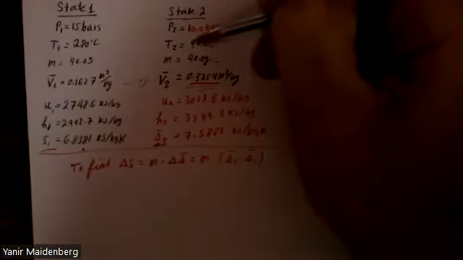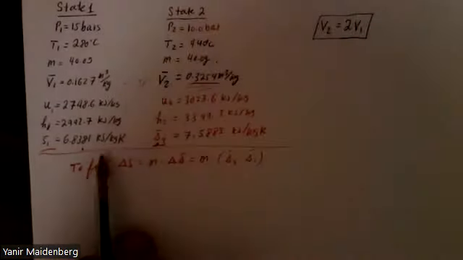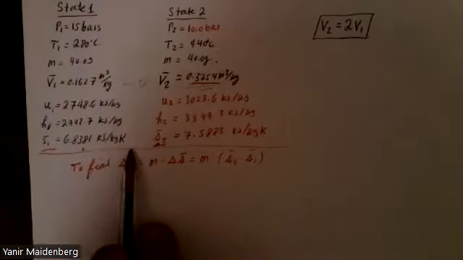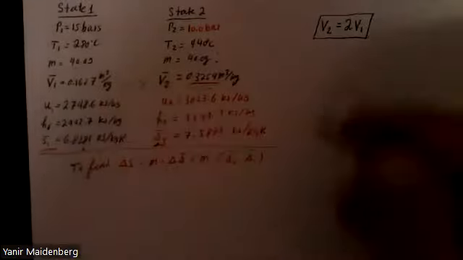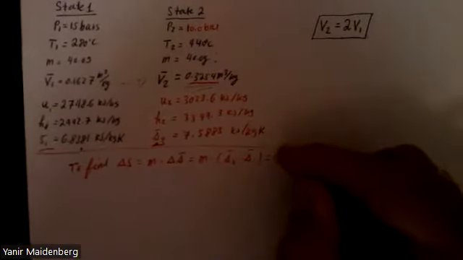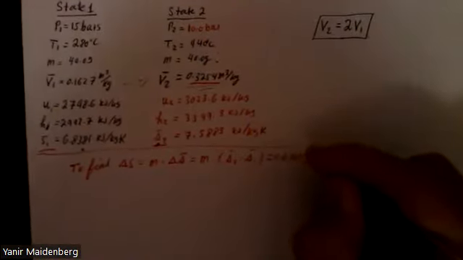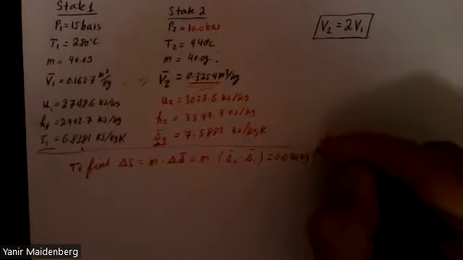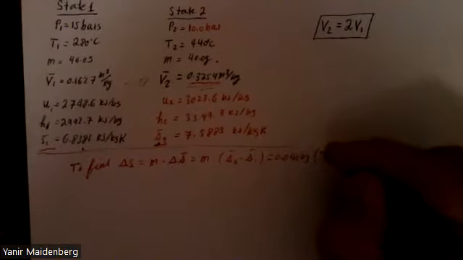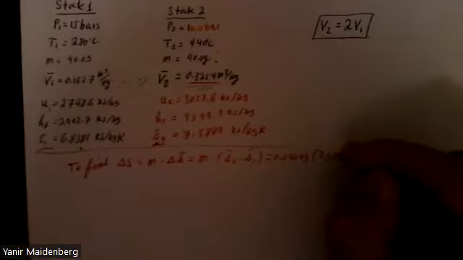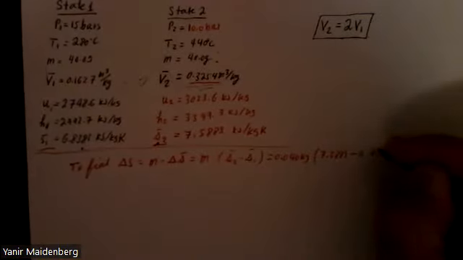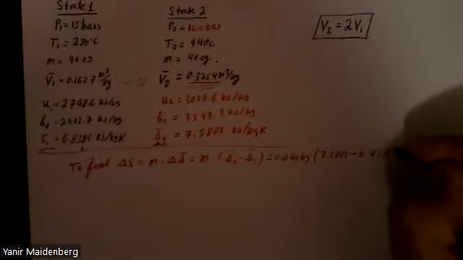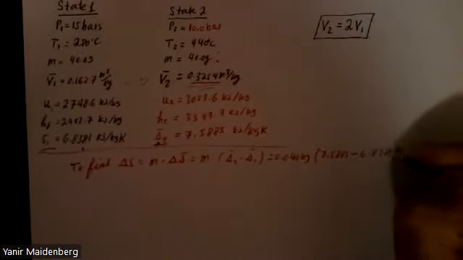So I know this guy here is 40 grams, and I know these are kilojoules per kilogram per Kelvin. So I'm just going to convert this to kilograms. So it's going to be 0.040 kilograms. And I'm going to multiply this by the difference, 7.5883 minus 6.8381. And both of these are in kilojoules per kilogram Kelvin.